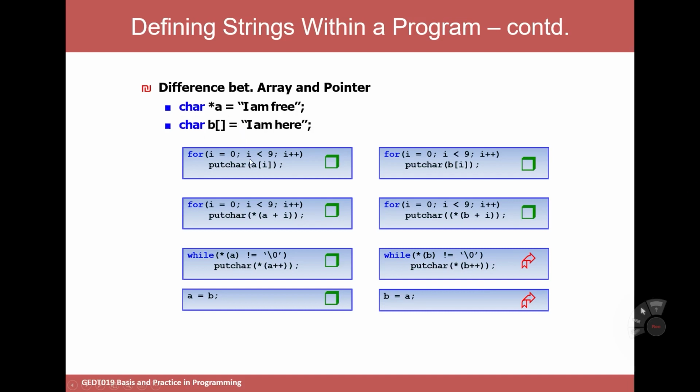So the conclusion is that the pointer way is more flexible compared to array notation. If you define a string using pointer notation, it is more powerful than array notation. This one is not available, but in this one it's available.